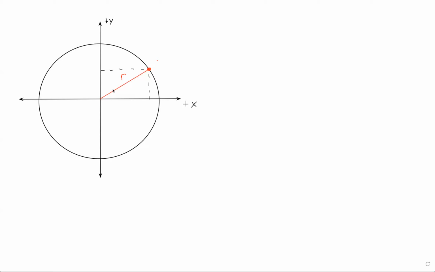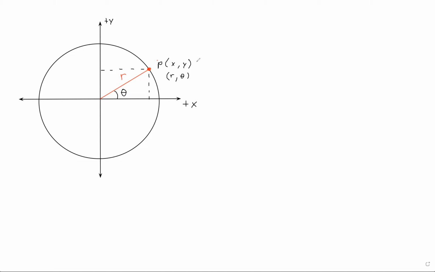The radius, as it rotates, denotes the position of this point in space. The position of this point in space is given by x and y. But we can also locate that point using the radius and the angle. So the angle gives us the angular position at any point along the circle.